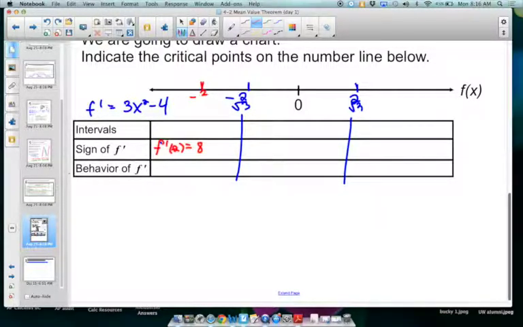Is the derivative positive or negative? The derivative is positive, so this must be increasing.